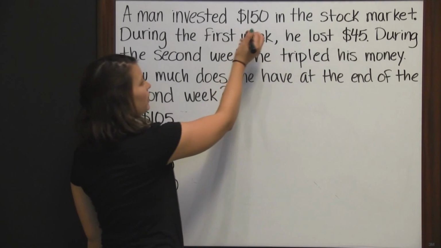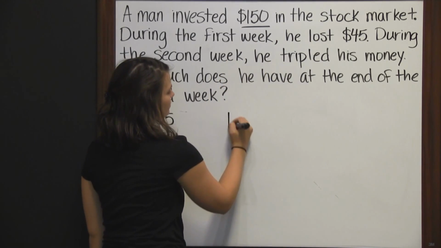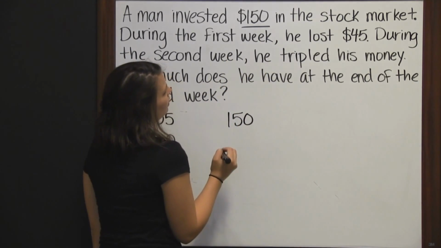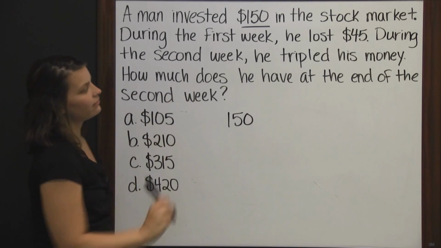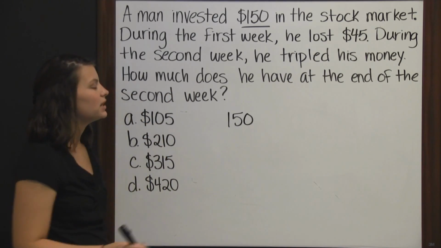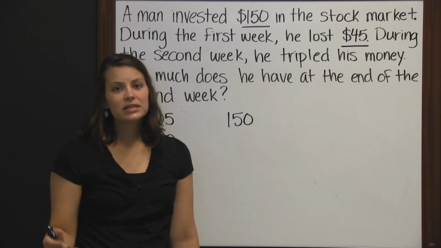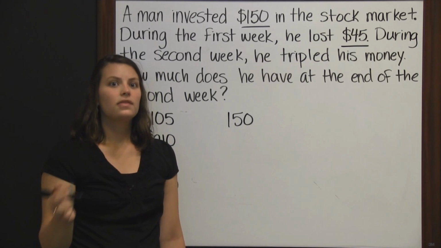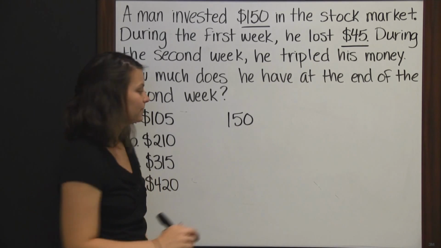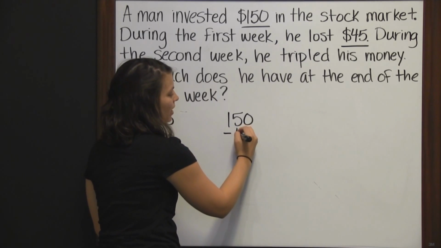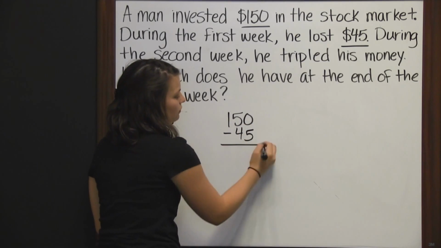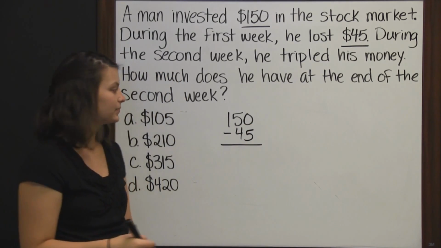He starts out with $150. Then during that first week, he loses $45. And when money is lost, then we need to subtract. So we're taking away $45 from what he started with.